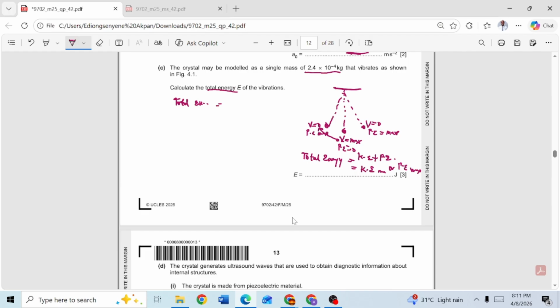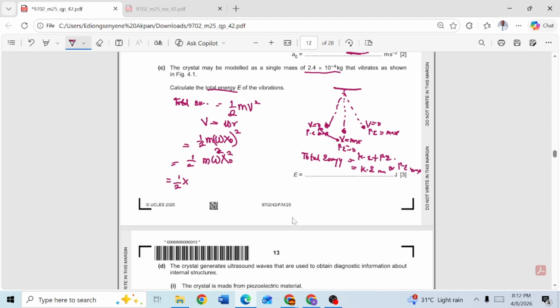So what does that mean? 1 over 2 mv squared, which you learned before, is what you will use. Remember that v equal to omega r. Put it there, 1 over 2 m omega x-naught all squared. Since we are looking at the total, this will be 1 over 2 m omega squared amplitude squared.